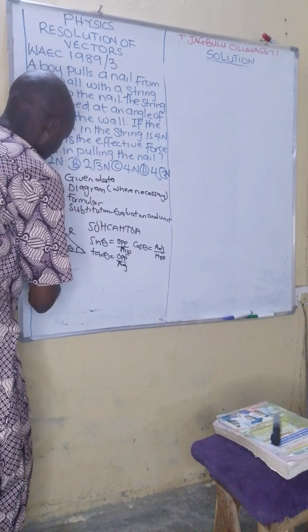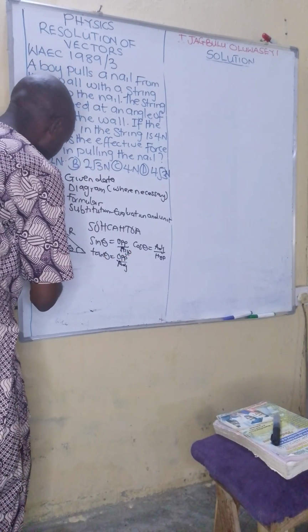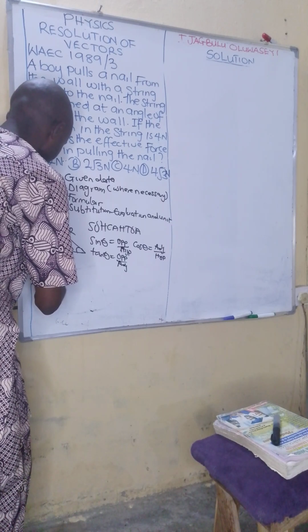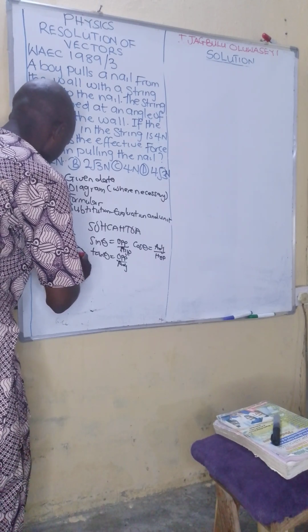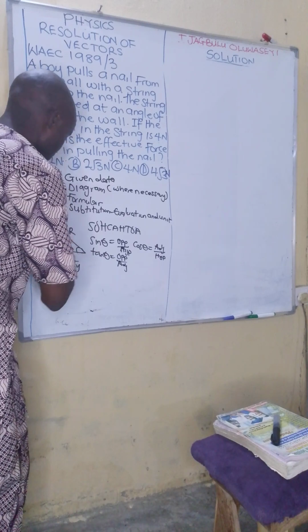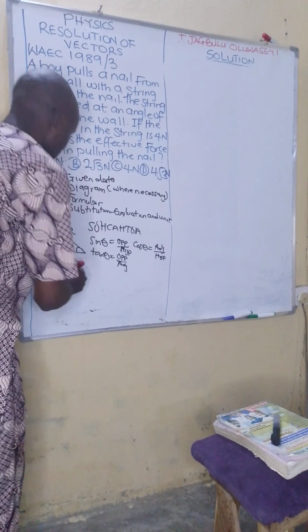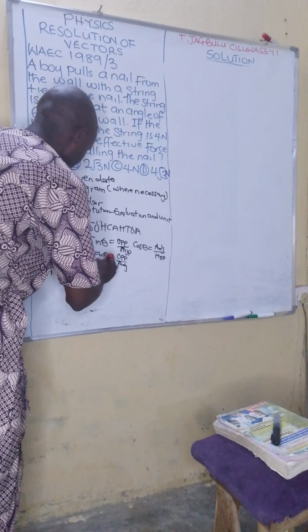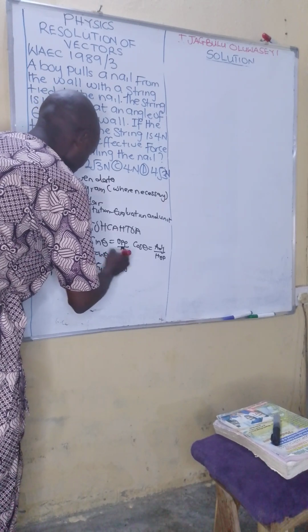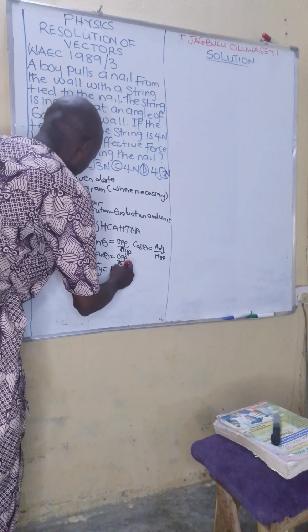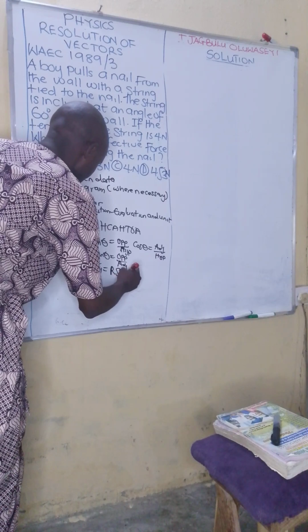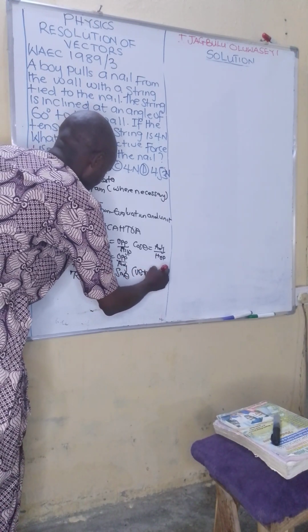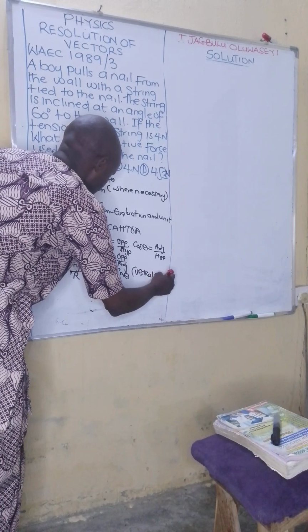So our vertical component is going to give us sine theta is equal to Fy, which is the opposite, all over R, that is our hypotenuse. So we make Fy the subject of the formula. Fy will now be, by cross multiplying, R sine theta, and that is our vertical component.